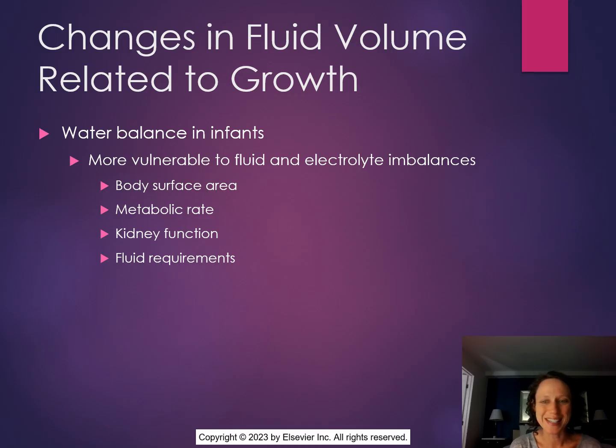They have little teeny tiny bodies that are still growing and doing a lot more than our adult bodies are, right? Their kidneys are still very immature, as we've talked about, and so that also changes their ability to metabolize and their ability to maintain their fluid balance as well.